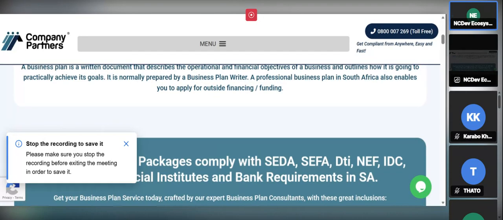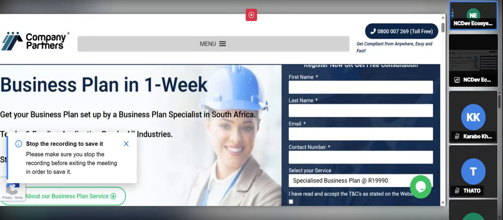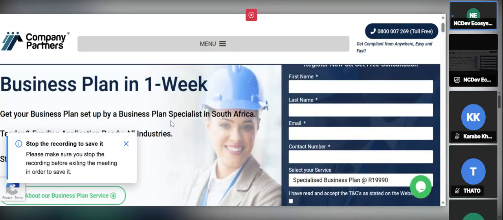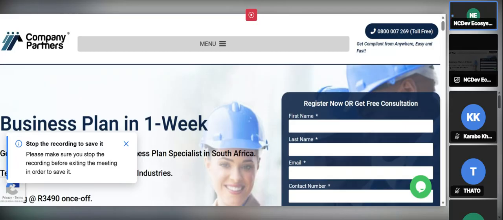So if you're starting out, don't know where to start, and you just have this nice idea, I want to start... let's make an example. So today perhaps we're going to use a bakery, right?